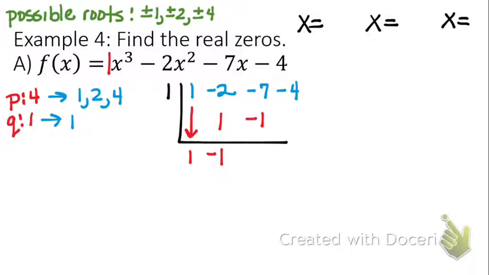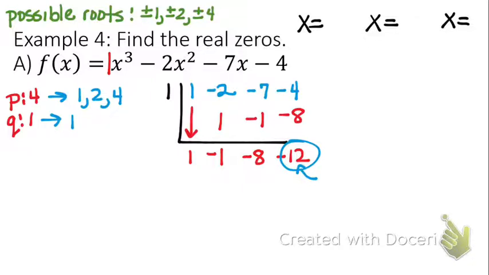Add, negative 8. Multiply negative 8 times 1, you get negative 8. And then you see how we did not end with a 0. This has to be a 0. If this number is not a 0, that means that this is not one of my 3 answers. So we can exclude 1. 1 is not one of my roots.